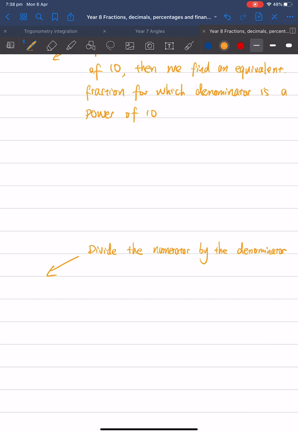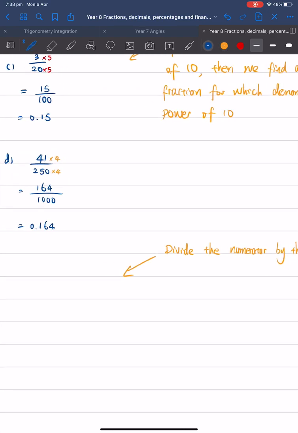So let me give you a question here. For example, we have 4/7. Well, 7 is not a power of 10, and you can't really make 7 into a power of 10. So let's just use long division, because we can't use a calculator. If we don't use a calculator, then we have to manually calculate the answer. And sometimes you do get terminating or recurring decimals. So for this question, I need to put 0 point.